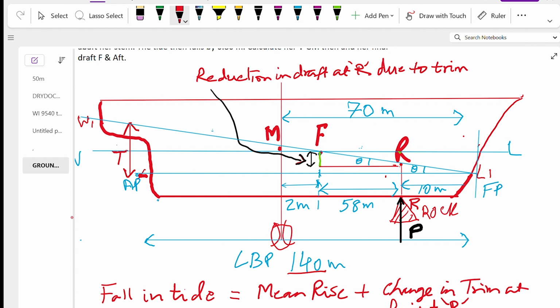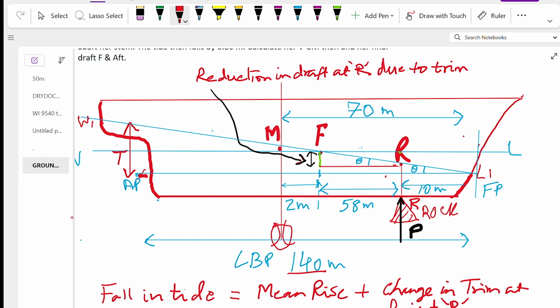You can also do by subtracting AR minus AF. A is the half perpendicular. AR total is 140 and R is 10 meters from forward. So AR will be 130 minus LCF.